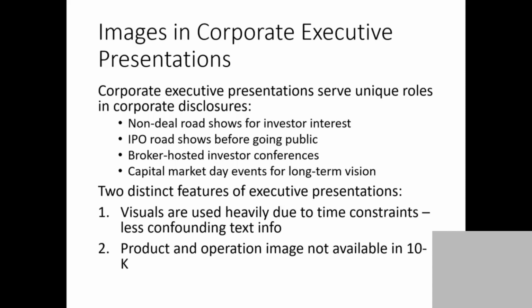Another important thing about the CEO presentations is this: whenever you study images, there's a confounding effect, which means we don't know whether the consequence is from the image or from the text or explanation of the image. If you look at the annual report, for one chart they have two paragraphs to explain it.